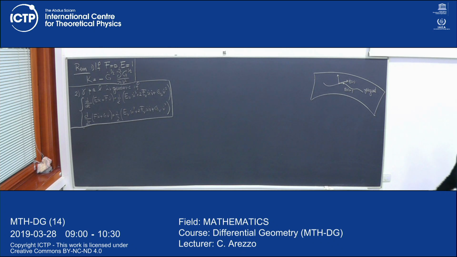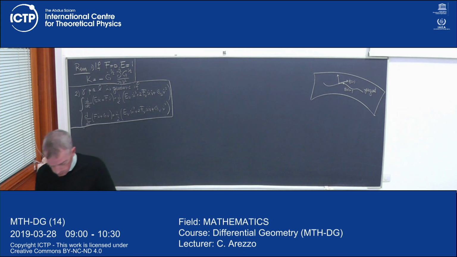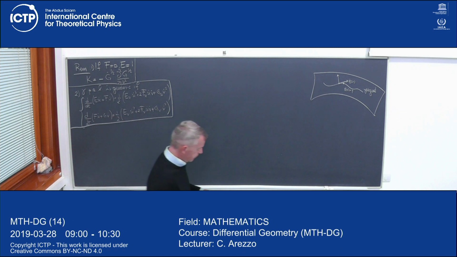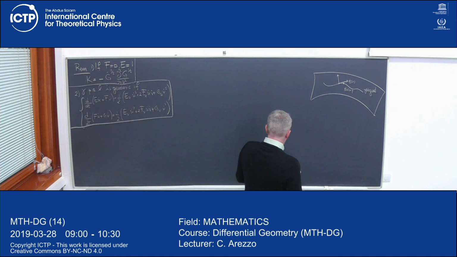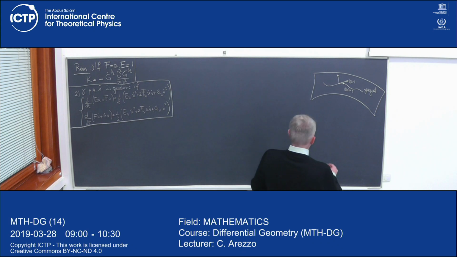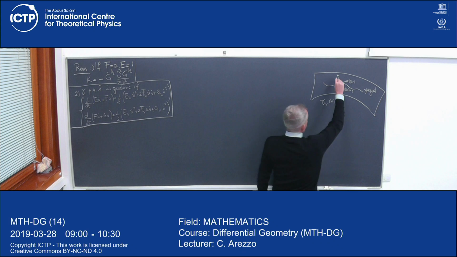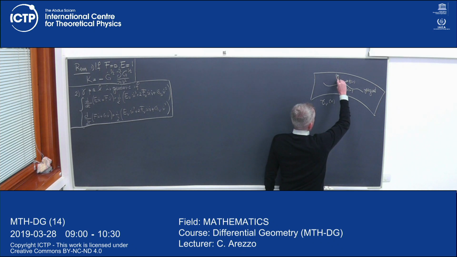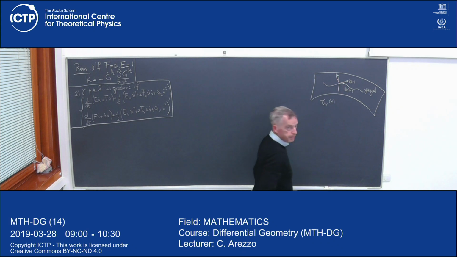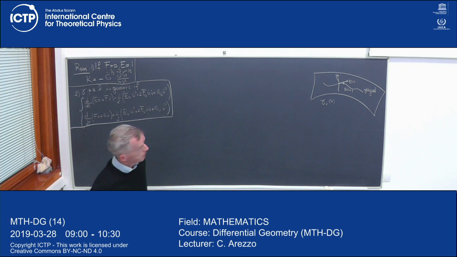Now, just a matter of notation. I call gamma V of U exactly the geodesic, and I can say "the" because I know the uniqueness part of the existence theorem.